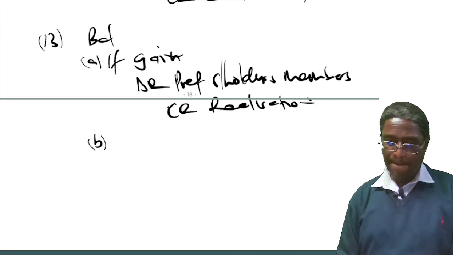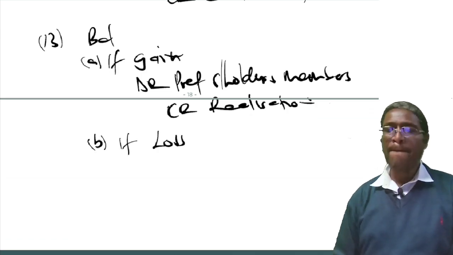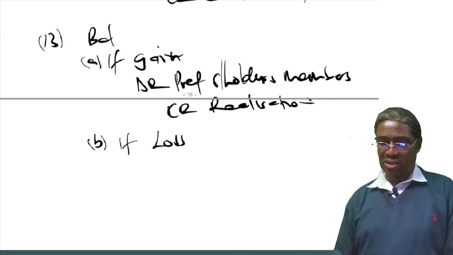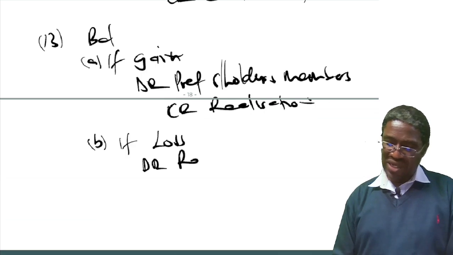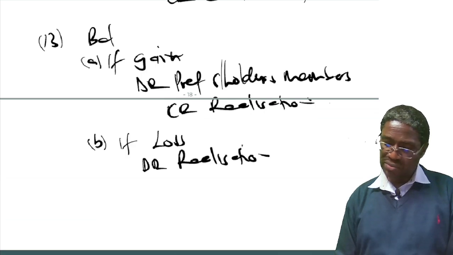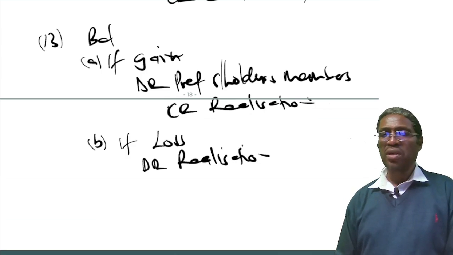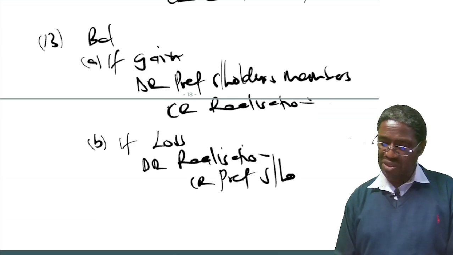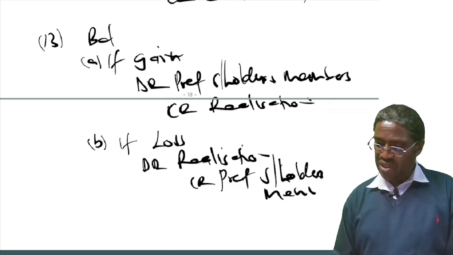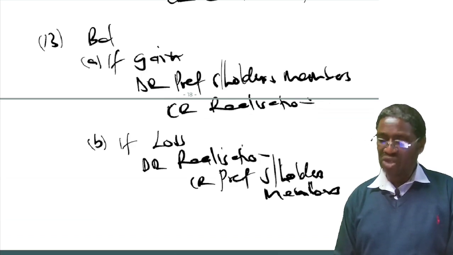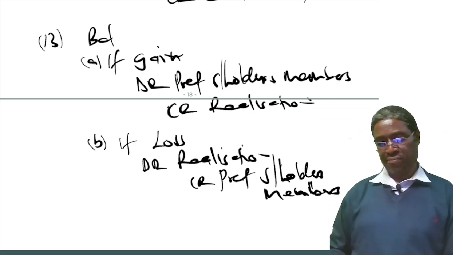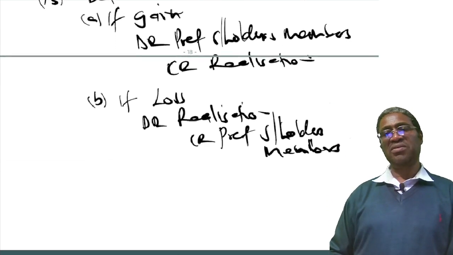Number B, if loss, debit realization, credit preference shareholders members. That's our step number 13.